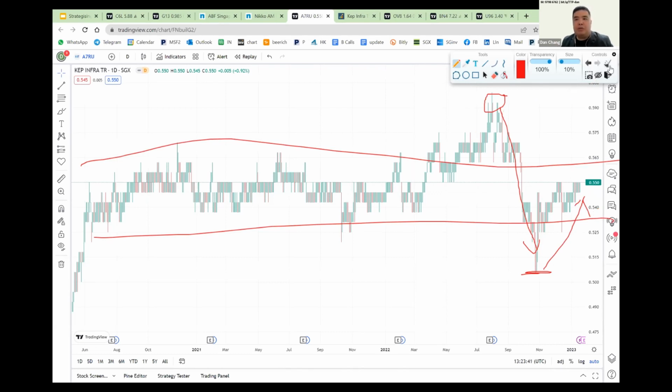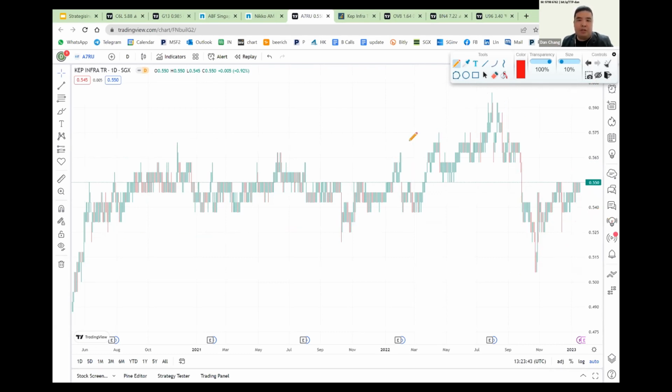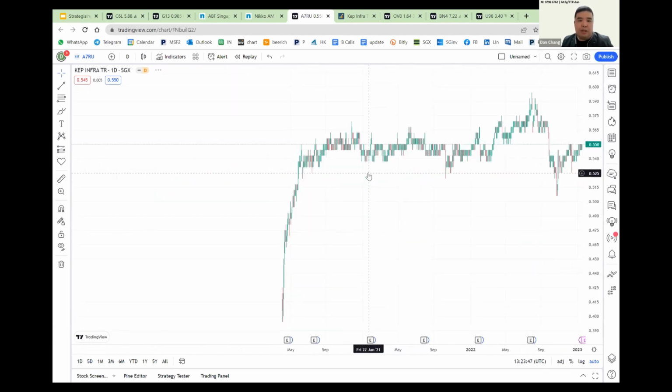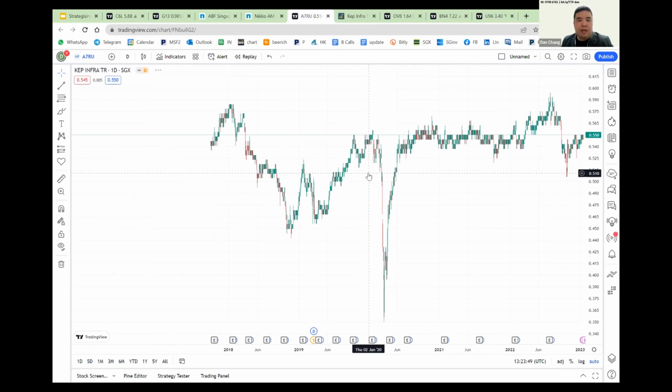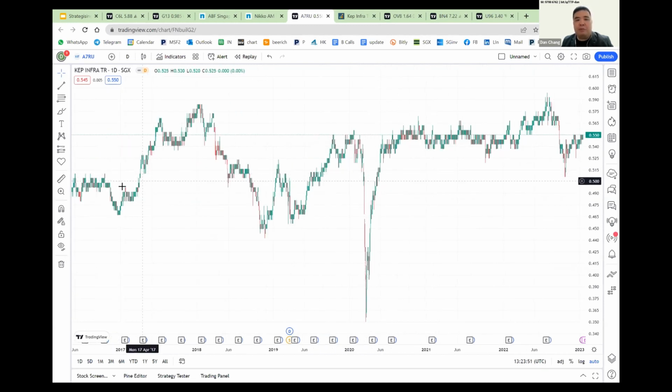To prove my point, we can just zoom out a bit. If you notice, they have actually been quite stable even before the pandemic. This one is actually the height of COVID-19, the first lockdown in Singapore, and all the stocks behaved in this way.